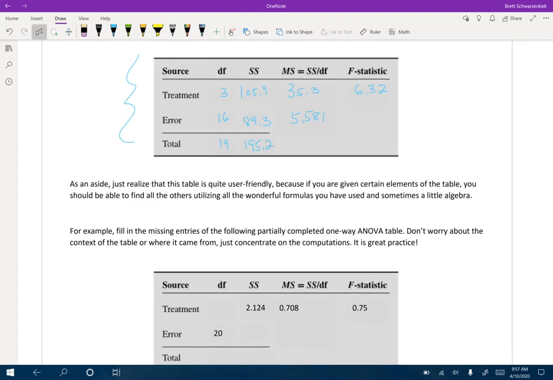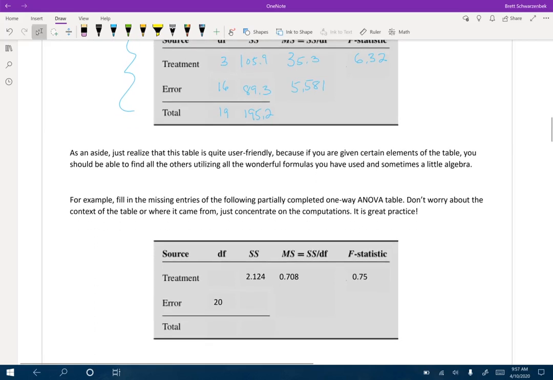Okay, so last thing here, I'm just going to read through this so that you can get an idea of where we're going with this. It says, as an aside, just realize that the table is quite user-friendly, because if you're given certain elements of the table, you should be able to find all the others utilizing the formulas and a little algebra.